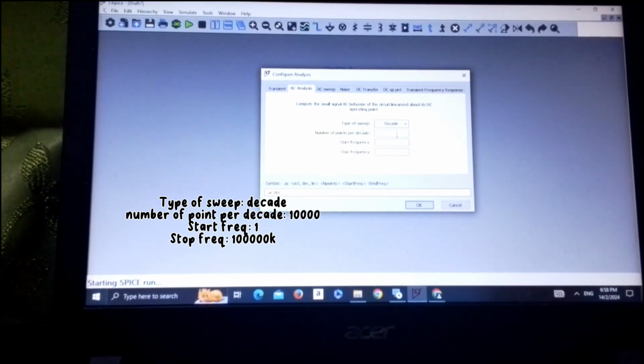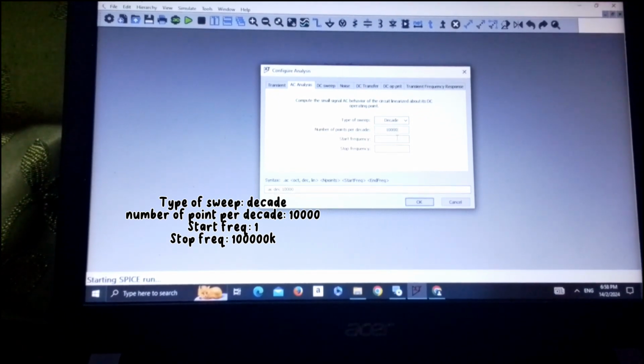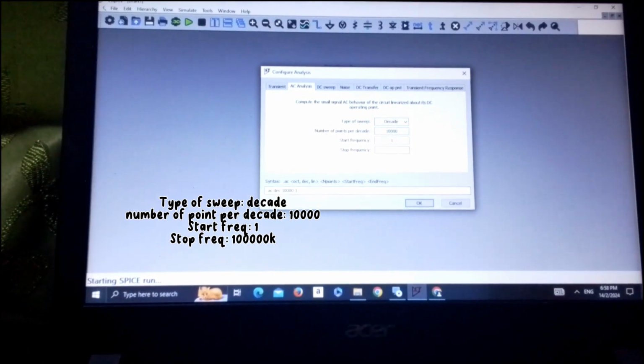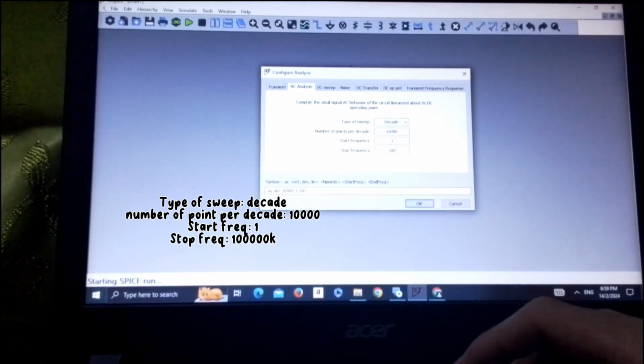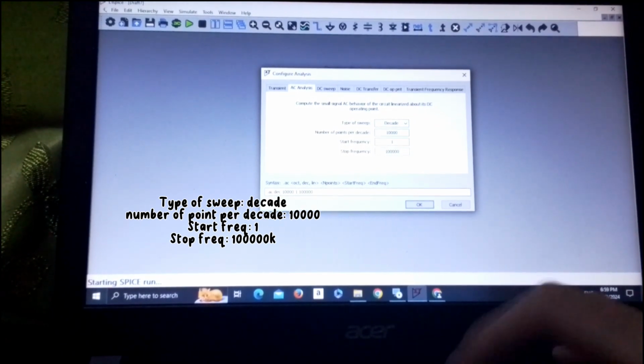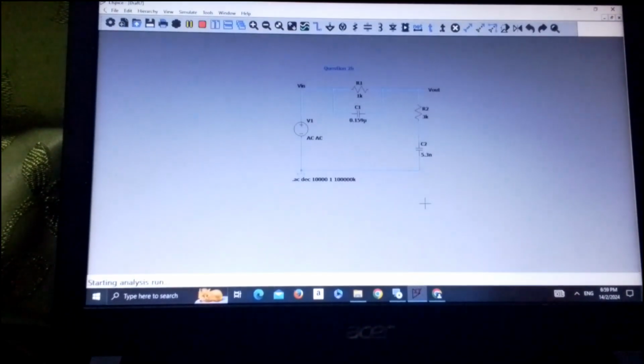Number of points per decade is 10,000. Start frequency is 1 and stop frequency is 100,000 K. And then click OK.